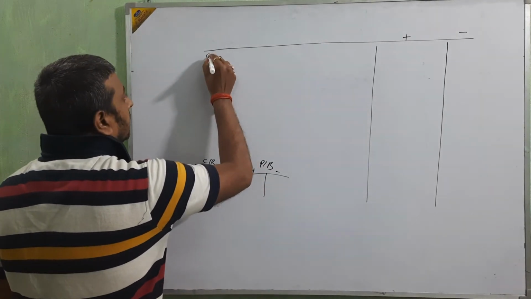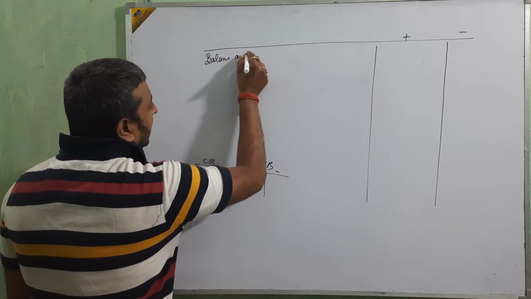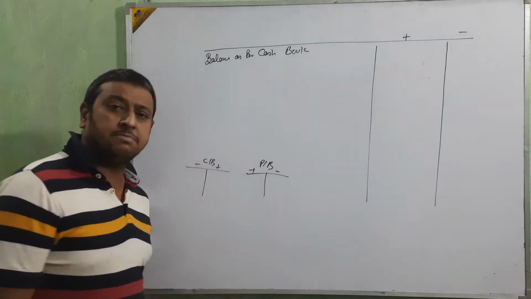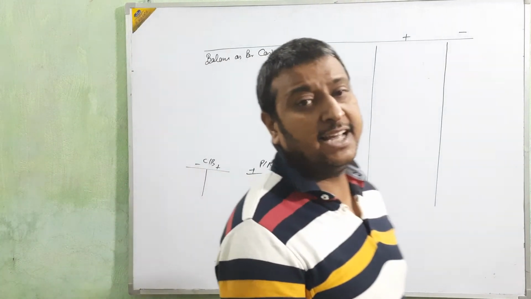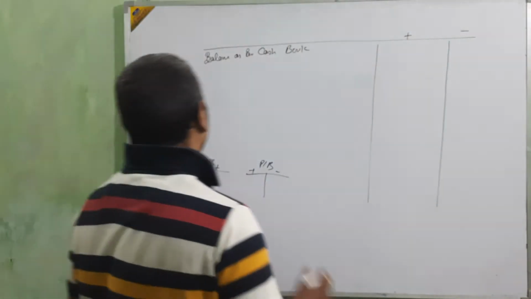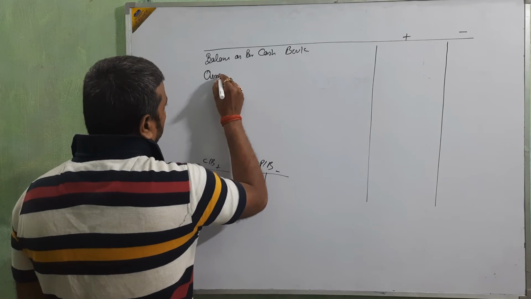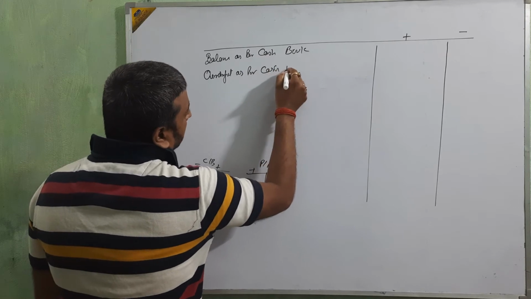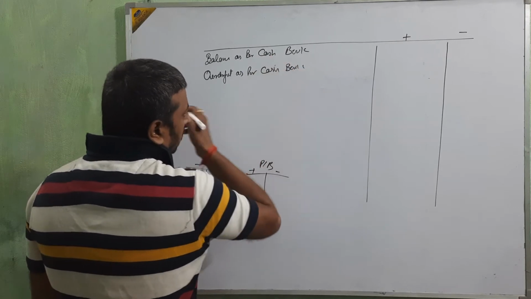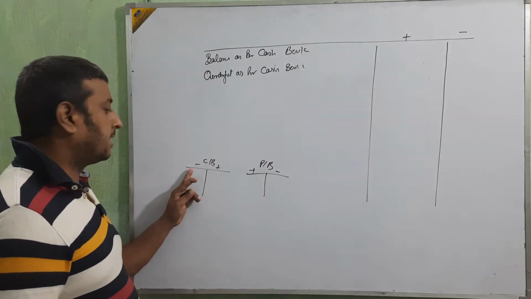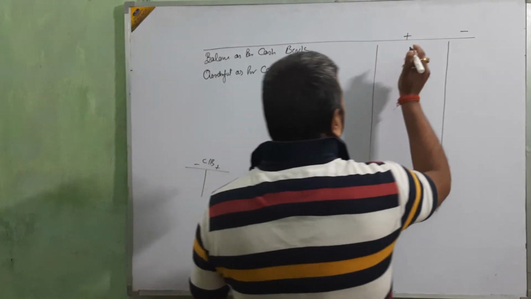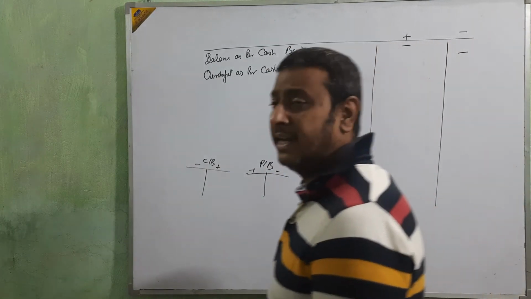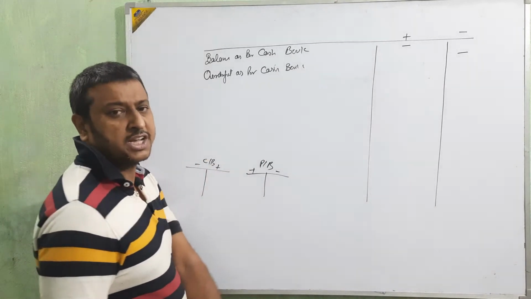So first, balance as per cash book. Okay, beta, the first method we are going to utilize is balance as per cash book. Second, overdraft as per cash book. Overdraft means minus balance. Balance as per cash book is presented on the plus side, and overdraft as per cash book balance we present on the credit side.